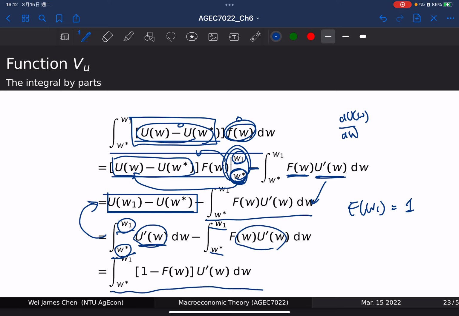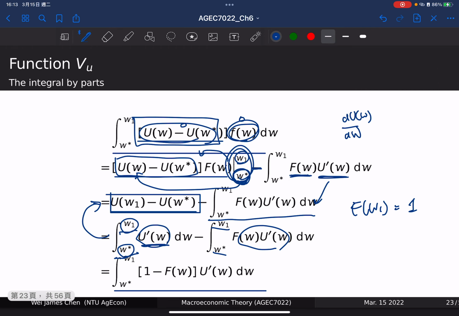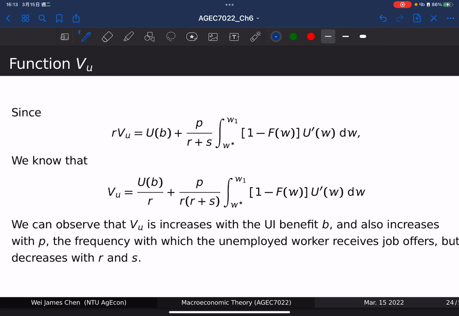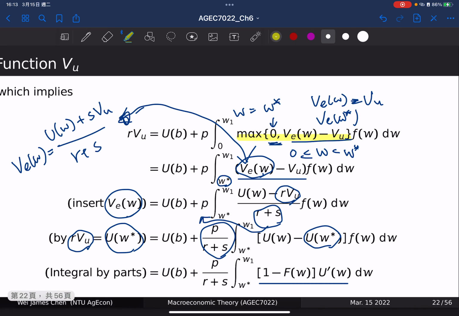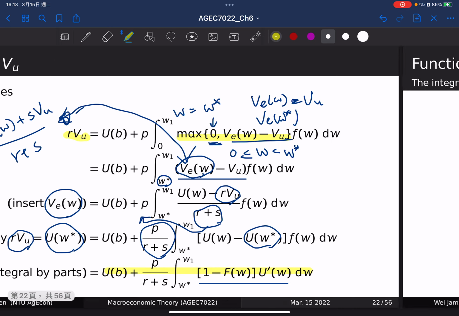Then what I get is 1 minus F of w times u prime of w. Okay?